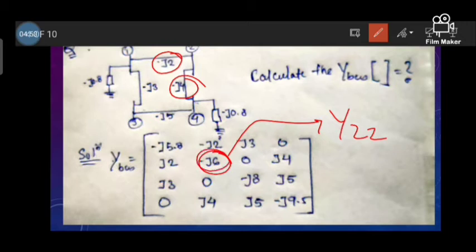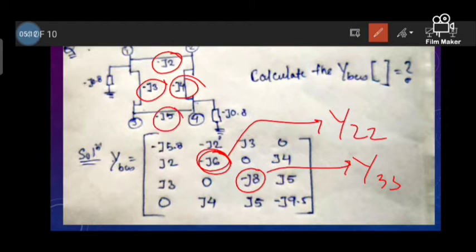Like that y33: all the admittances connected across bus number 3, that is minus j3, minus j3 and minus j5, and no other element is connected, so the total is minus j0.8.